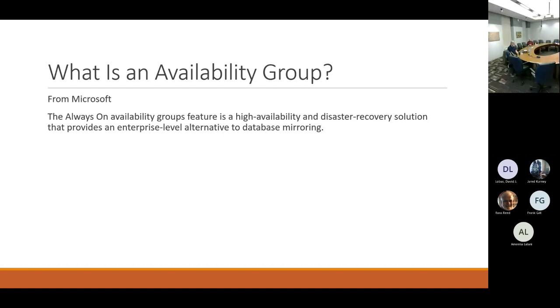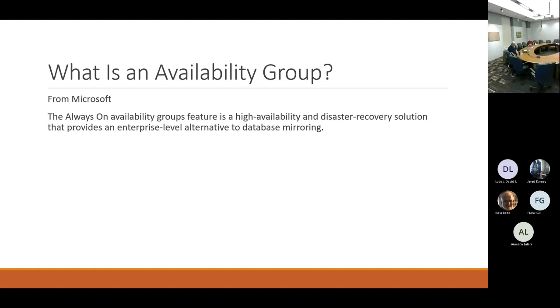Availability groups do a similar thing, but what's different is you can have multiple databases in an availability group. So if you've got an application that uses 3 or 4 databases, you can put those in an availability group, and then you can get high availability and disaster recovery for that group of databases.